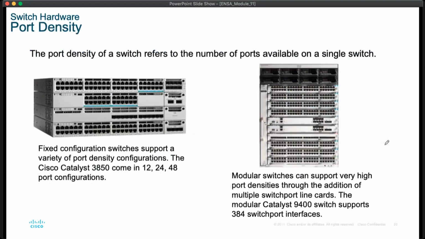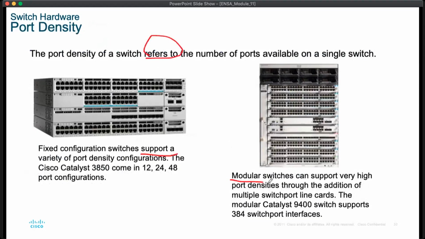Port density. The port density of a switch refers to the number of ports available on a single switch. Fixed configuration switches support a variety of port density configurations. The Cisco Catalyst 3850 comes in 12, 24, and 48 port configurations.